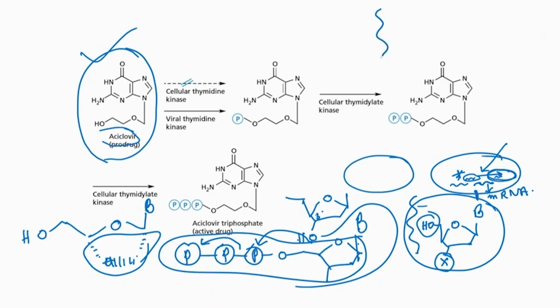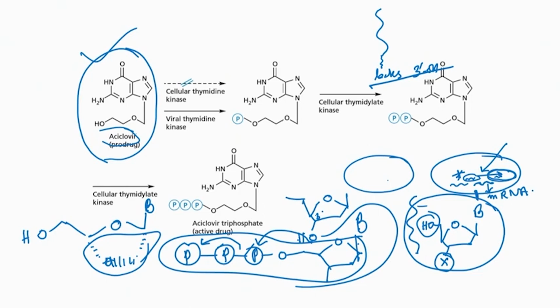The sugar that is here lacks the 3' OH. So, if it lacks the 3' OH, the chain cannot grow any further. Okay. So, the chain will be stopped.